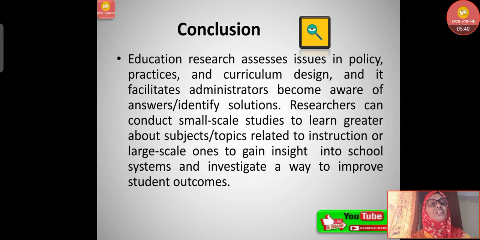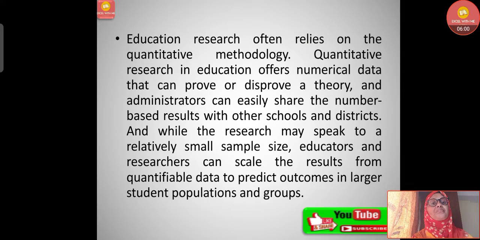What could be the instructions in the schools? Then larger ones to gain insight into the whole school system, and investigate a way to improve the students' outcomes. What things should be done to improve the students' achievement? Here is the large scale research.